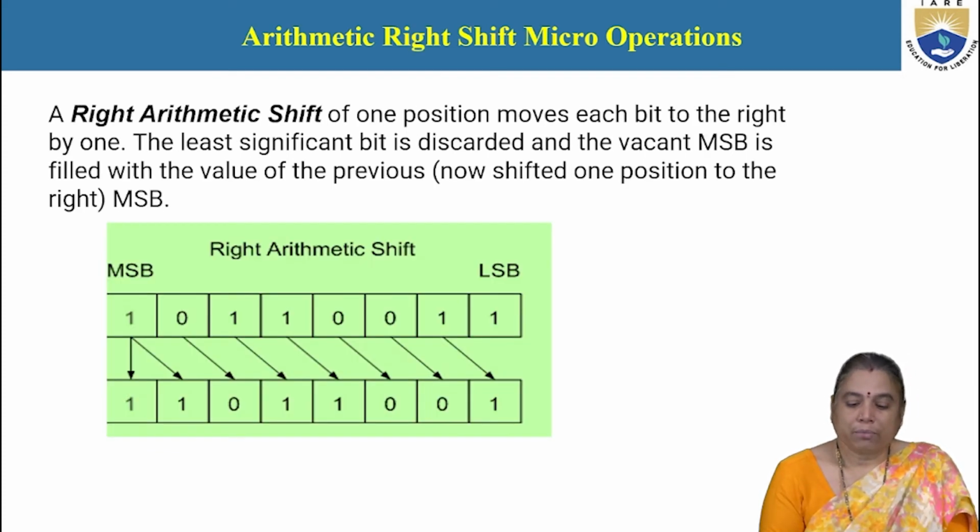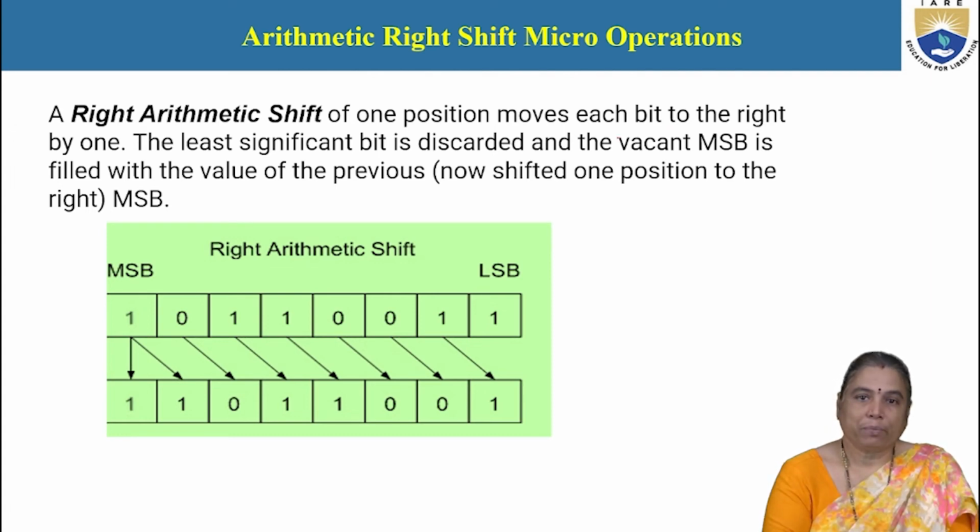Next is the arithmetic right shift micro operation. A right arithmetic shift of one position moves each bit to the right by 1. The least significant bit is discarded and the vacant MSB is filled with the value of the previous MSB. So here on the right side each bit has to be moved.